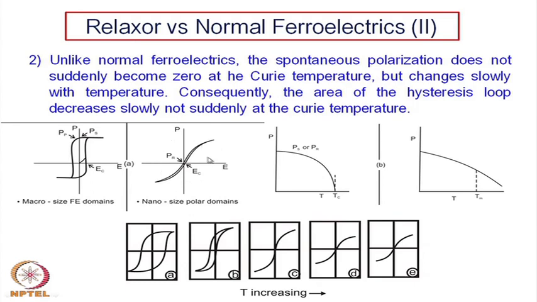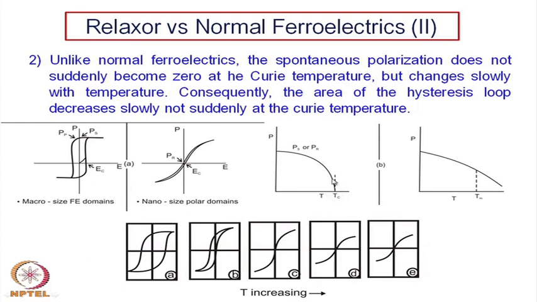Not only that, the spontaneous polarization in a normal ferroelectric is more or less constant till very close to the Curie temperature and then suddenly drops at the Curie temperature.